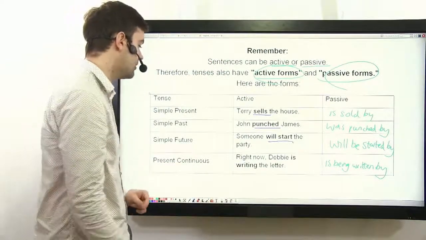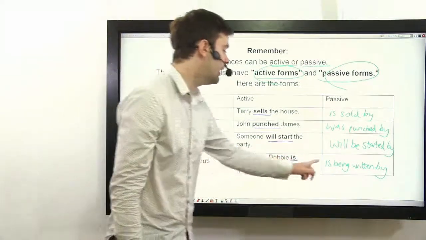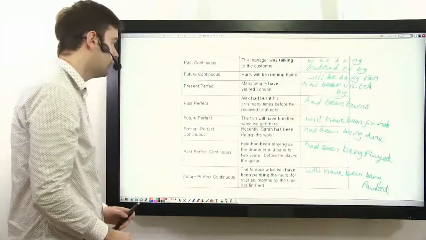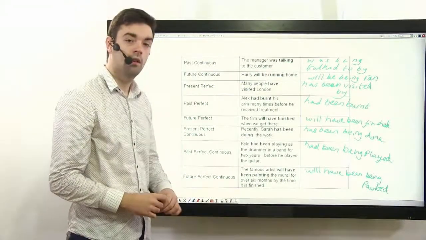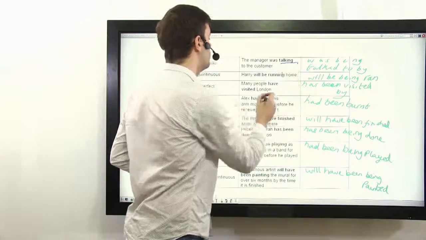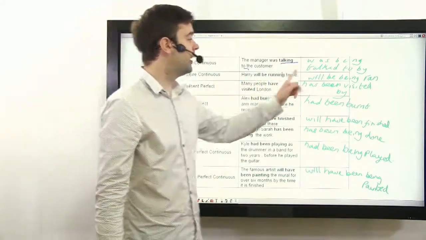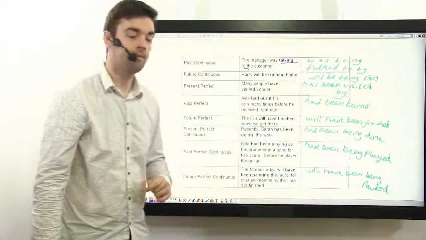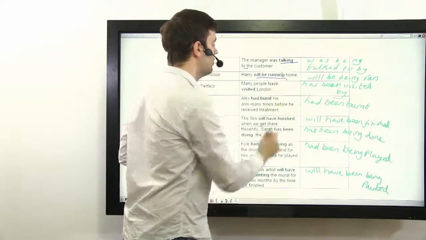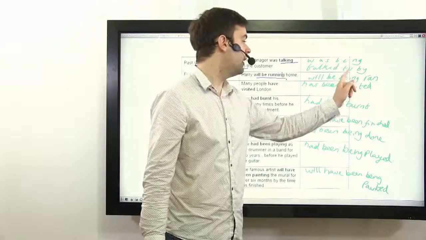The present continuous, is writing, changes to is being written by. Past continuous, talking to. You change it to was being talked to by. Future continuous, will be running, will be being run.